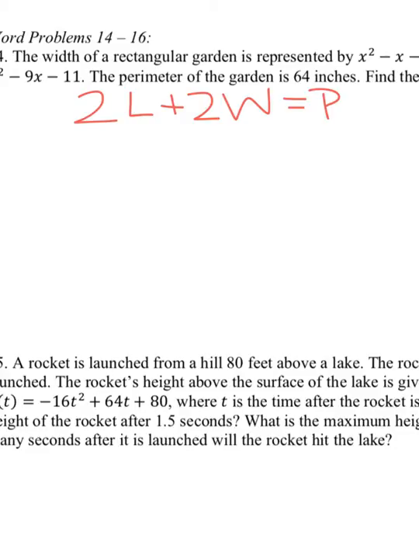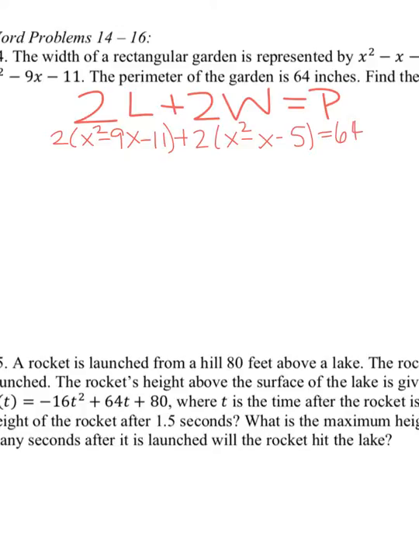So 2 times the length, which is x squared minus 9x minus 11, plus 2 times the width, x squared minus x minus 5, equals the perimeter, which is 64.